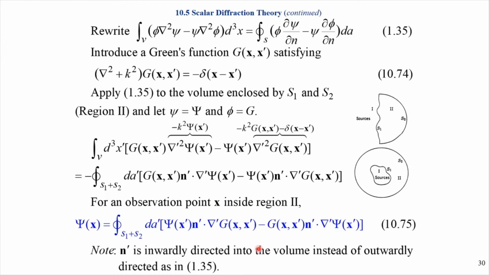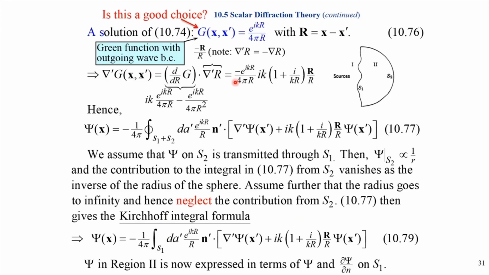So what's next? The Green function. What is the Green function for this one? That's one of your midterm exam questions. What is the solution for this one? We know if we have outgoing wave boundary condition, the solution for this one will be easy.